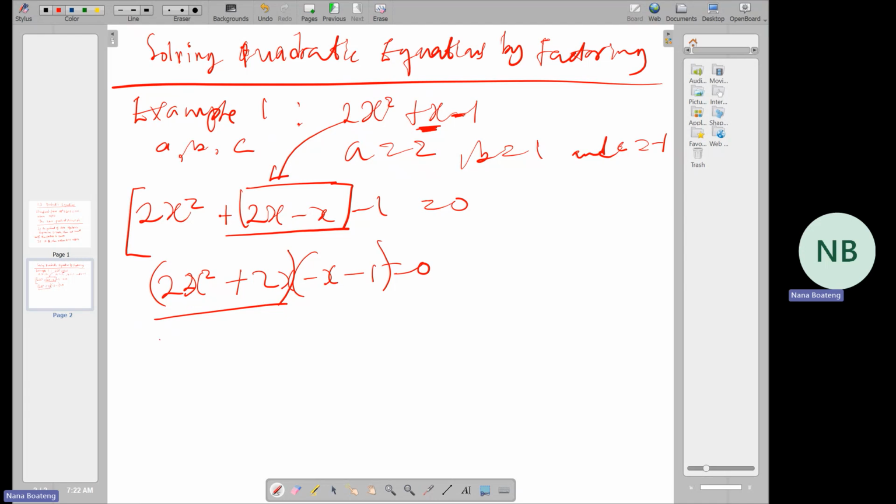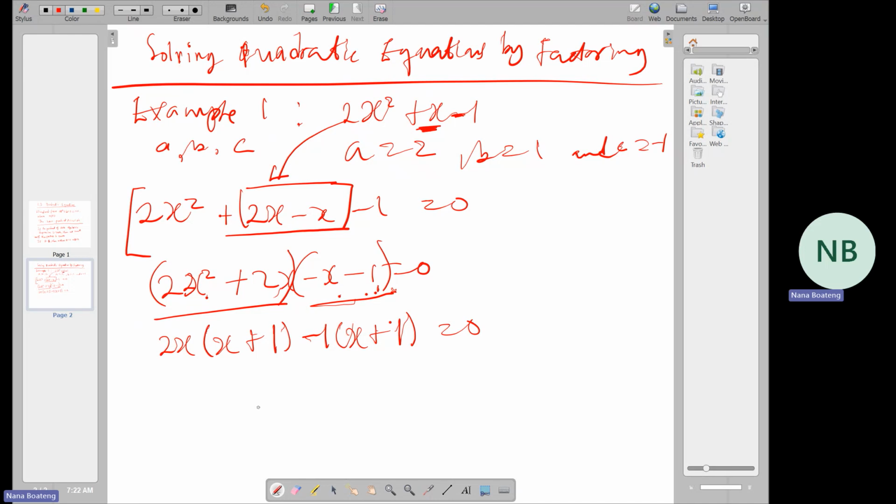So we can factorize 2x out, and we have a remainder of x here, and a remainder of 1 here. And for the second parenthesis, we can factorize -1 out. So -1 times x here, and if we factor -1 out of -1, we have +1 here. So this is equal to 0.